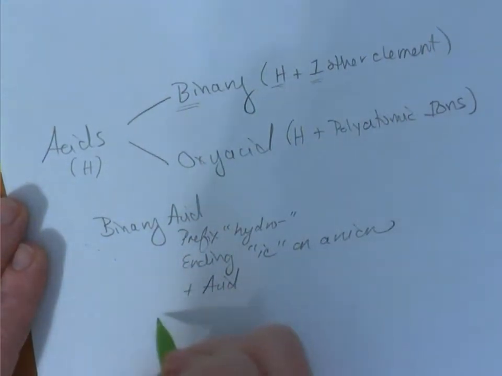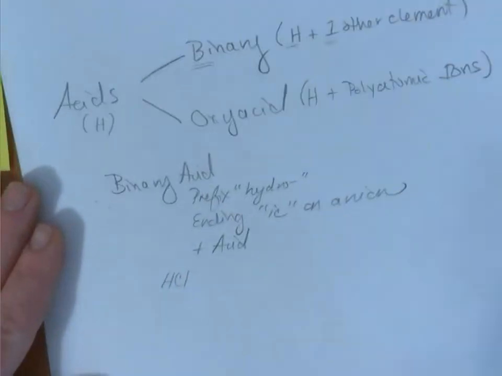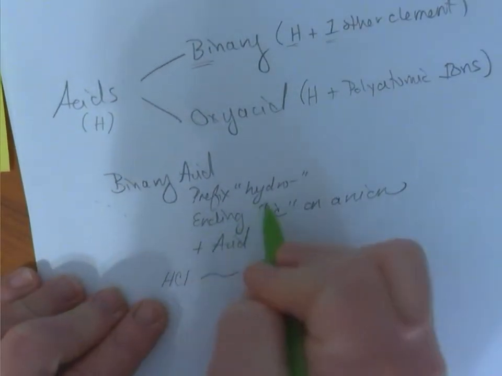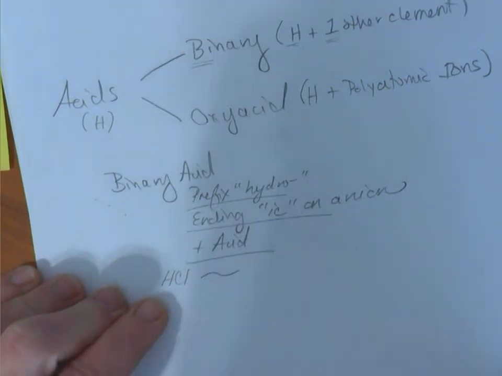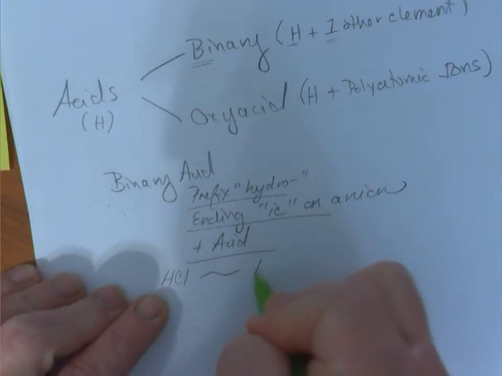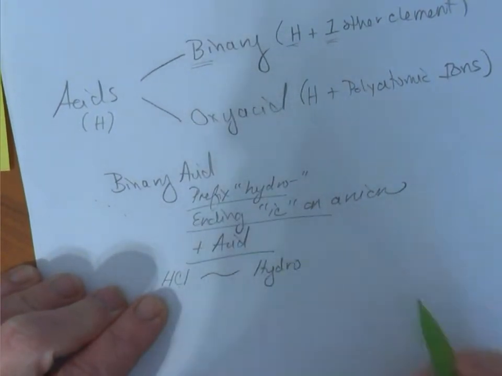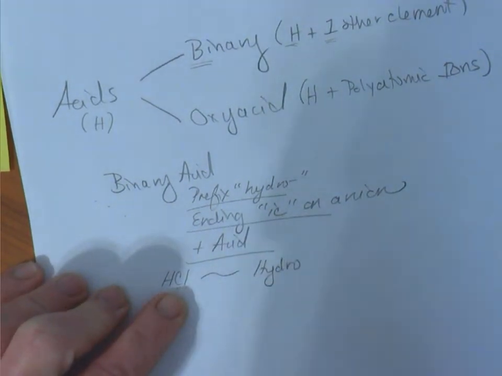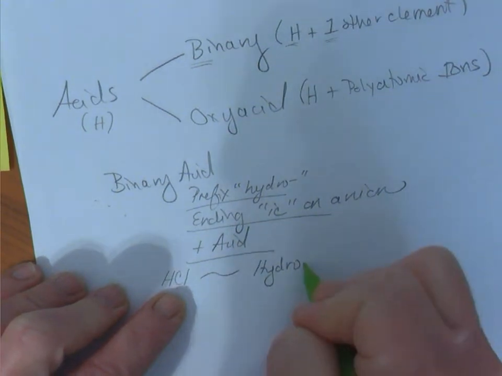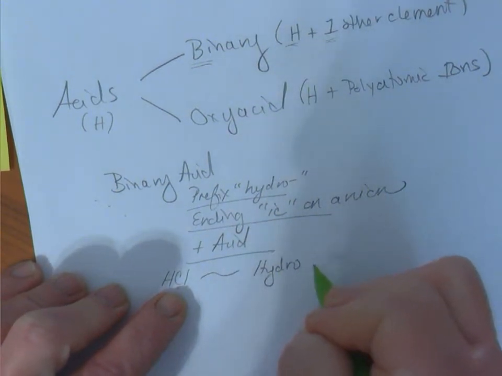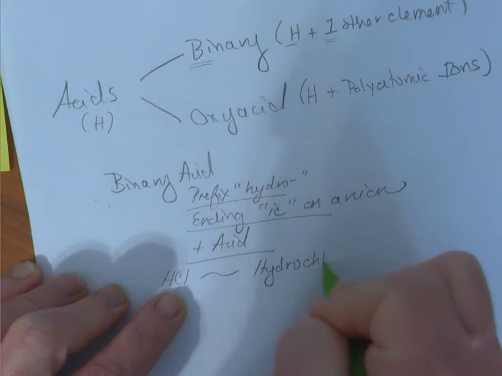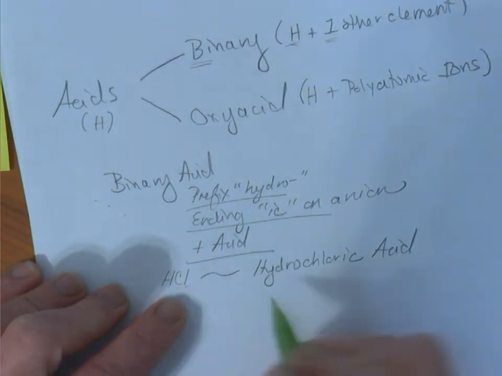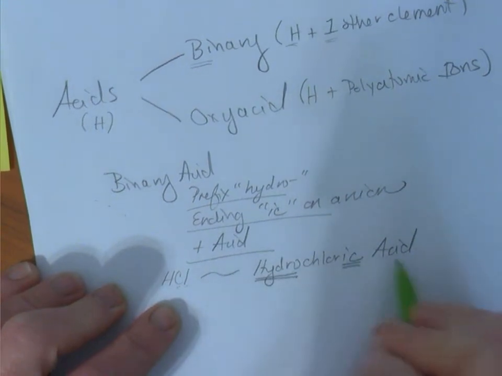So, probably the most familiar acid is HCl. Three parts of our name. Hydro, our anion is chlorine, but we drop that and replace it with ic. So it won't be hydrochlorine or chloride, it will be chloric, and then we add the word acid. So prefix of hydro, ending of ic, word acid.